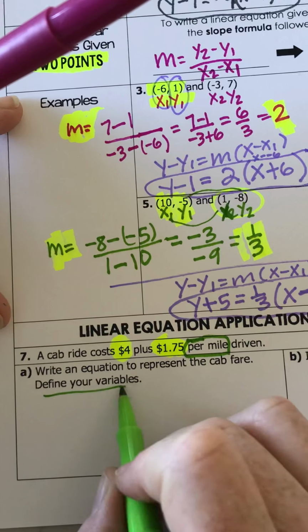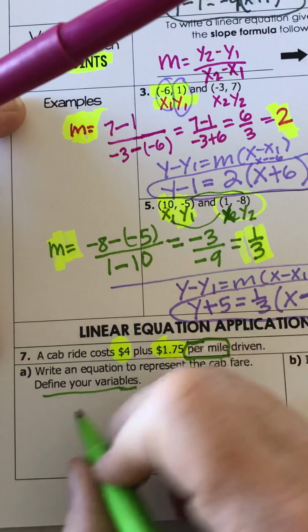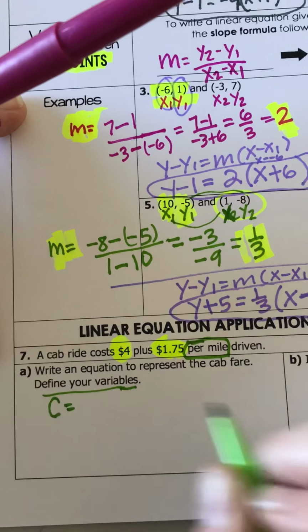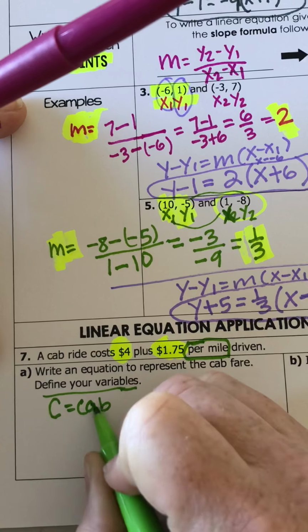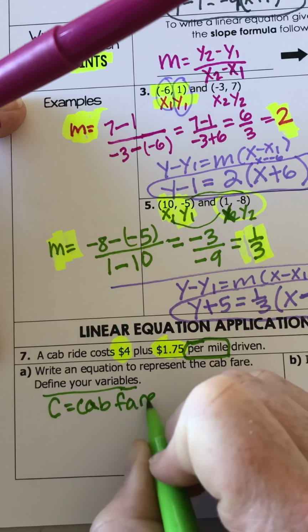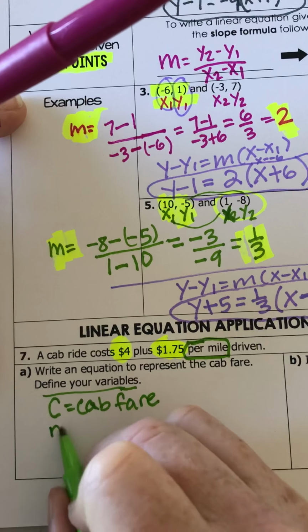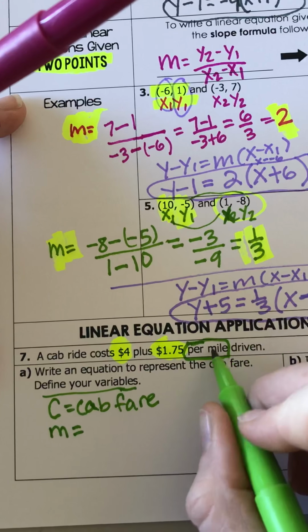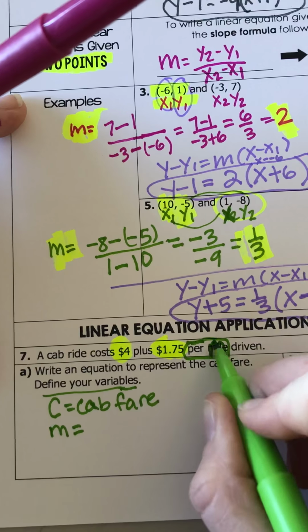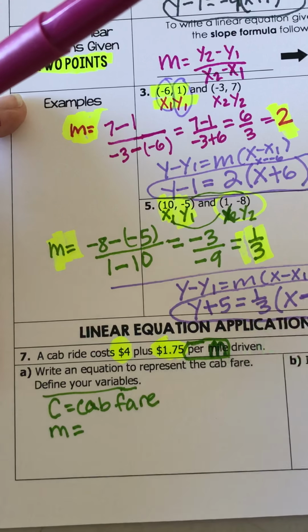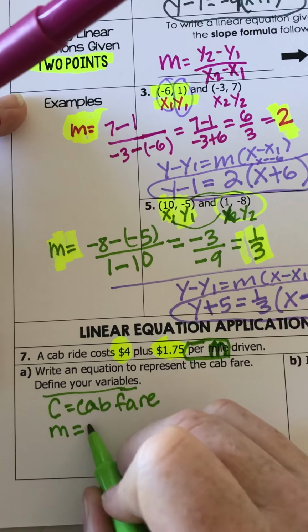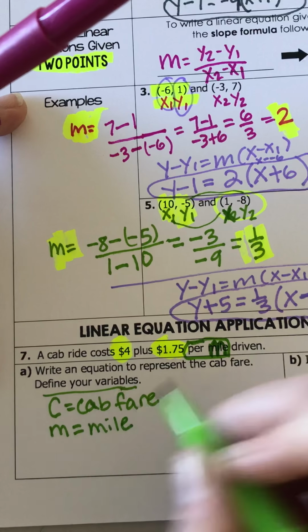Okay, so we're gonna write this equation to represent the cab fare. Define your variables, okay? So C, let's let that be the cab fare. Cab fare is amount of money, if you didn't know. And then M will be, it says per mile, so that needs to be your M. Or that needs to be, well, the X when we do it in the formula, but that's your mile, okay?